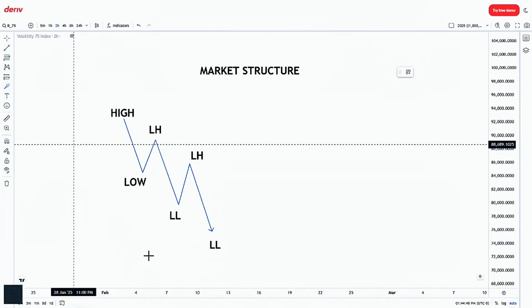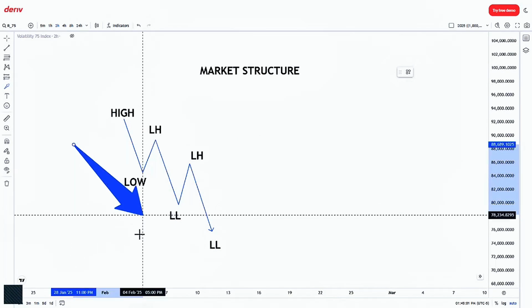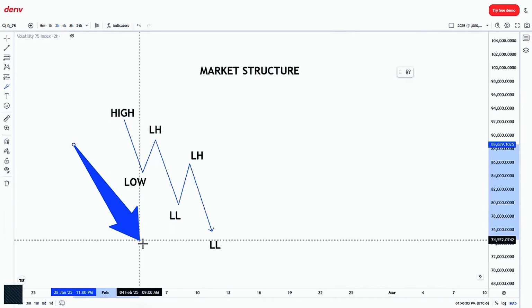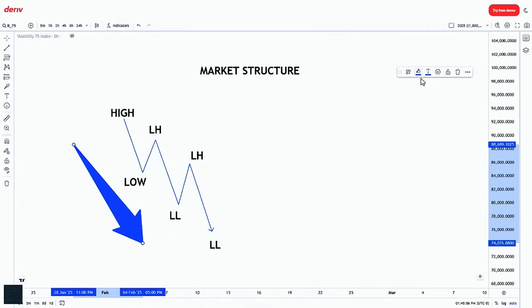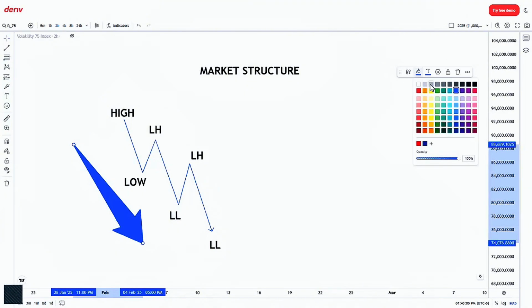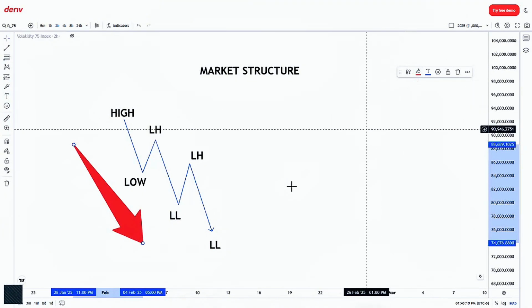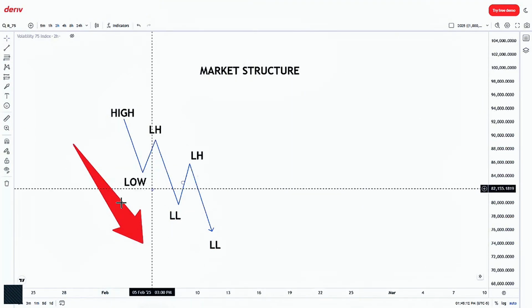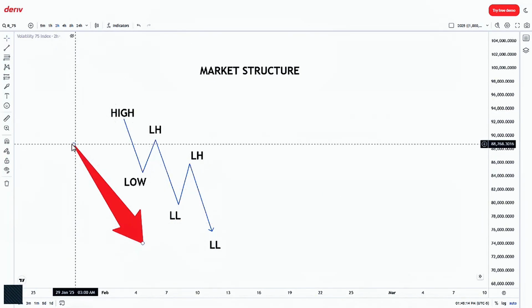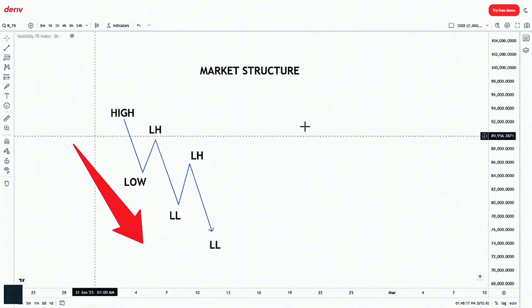I'm going to break it down in a way that you've never seen before, just like I did in the first part, so you can understand, because it's not just some random lines that don't make any sense. No, they actually make sense. The price is getting lower and lower and lower.